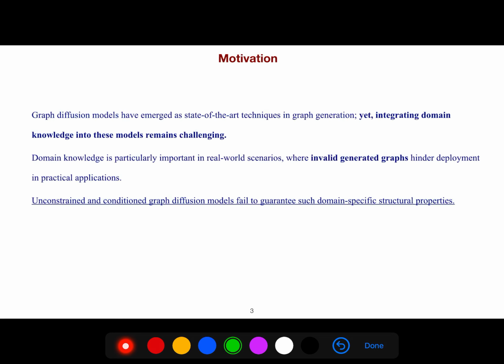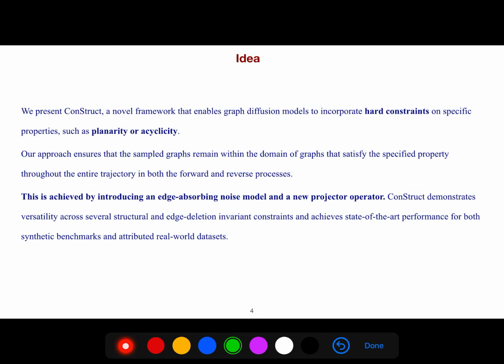So graph diffusion models have emerged as state-of-the-art techniques in graph generation. Yet integrating domain knowledge into these models remains challenging. Domain knowledge is particularly important in real-world scenarios where invalid generated graphs hinder deployment in practical applications. Unconstrained and conditioned graph diffusion models fail to guarantee such domain-specific structural properties.